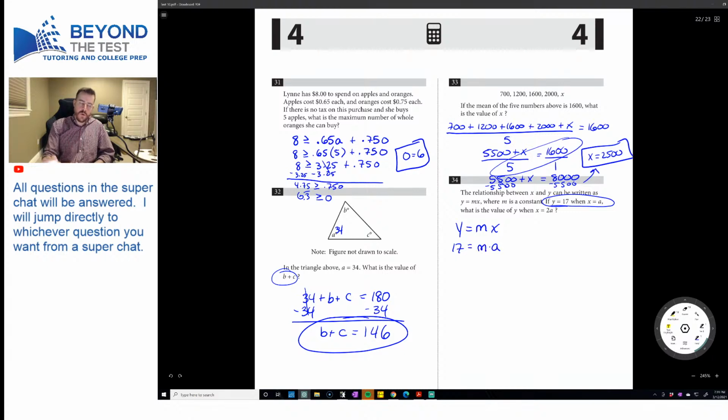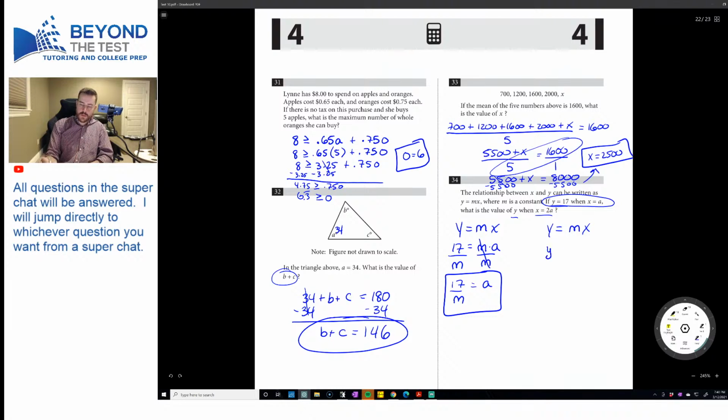Okay. Well, why don't we solve this for a? So if I have m times a, to solve this for a, I'm going to simply divide by m. So I get that a is equal to 17 over m. Okay. Well, I wanted to figure out what y is when x is 2a. Well, we know y is equal to mx.